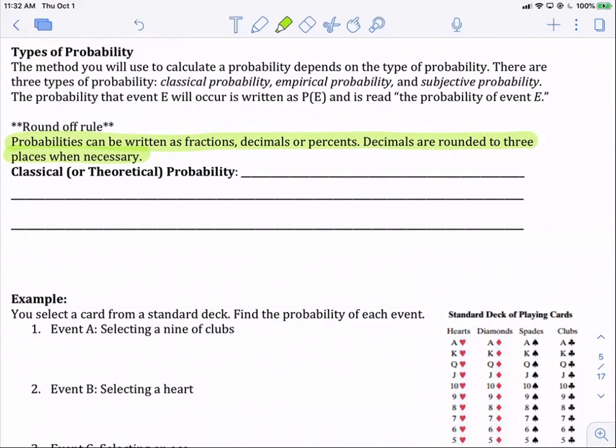So first one we have is classical or theoretical. I don't care which name you use. This is the one you know. So this is used when each outcome in a sample space is equally likely to occur.